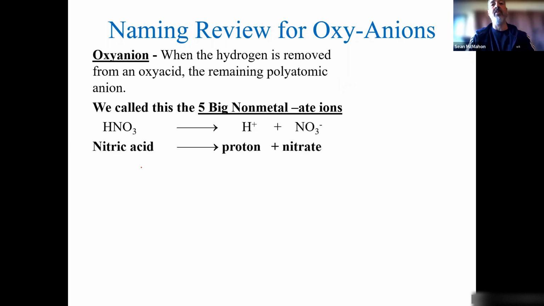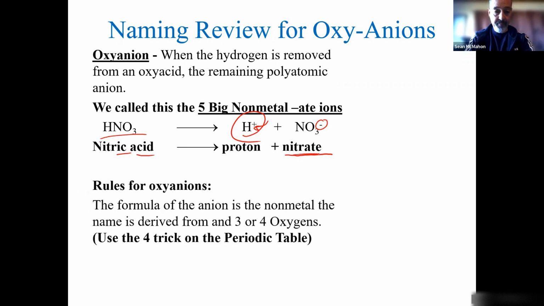So in this example, nitric acid is essentially just nitrate with a hydrogen proton or a hydrogen ion added to it. So we know that nitrate is a -1 charge, so I would need 1 H+, and that would give me nitric acid. So the -ic acid gives the 8 ion once it dissociates its proton.